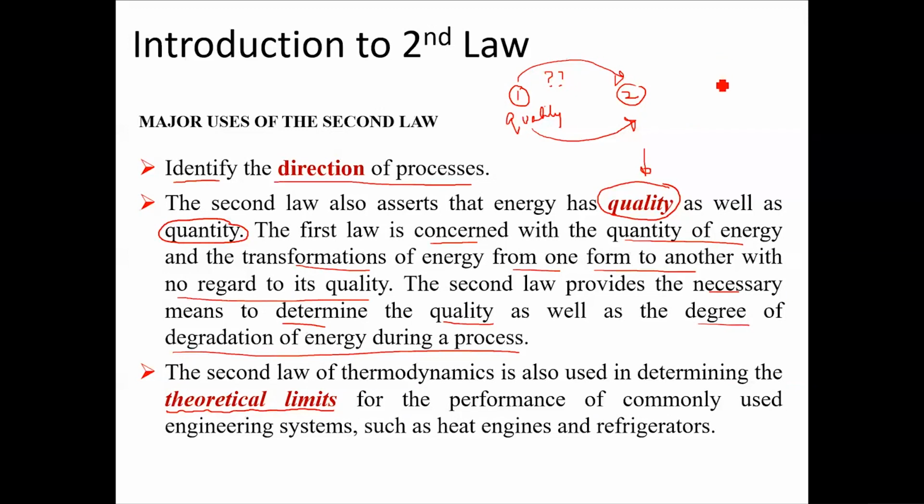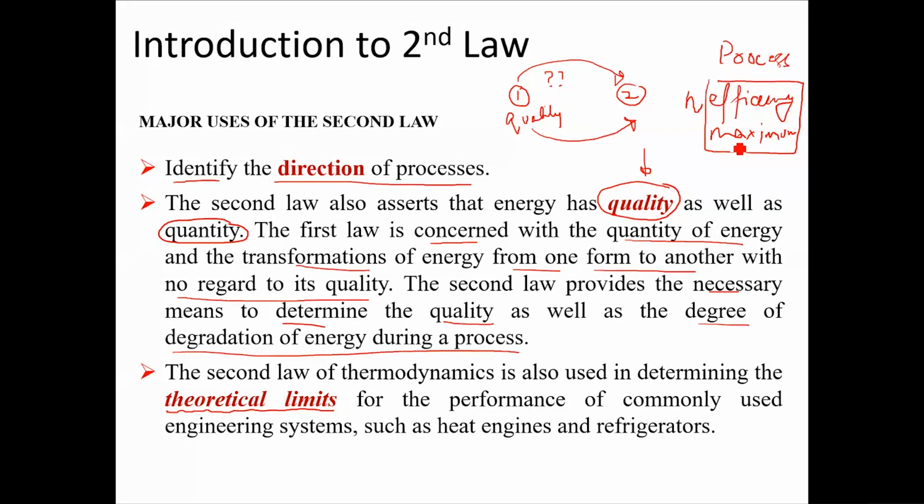For example, efficiency is one of the methods to determine the effectiveness of your process. So the second law would give you an idea of the maximum efficiency that you can have for a process or a cyclic process.